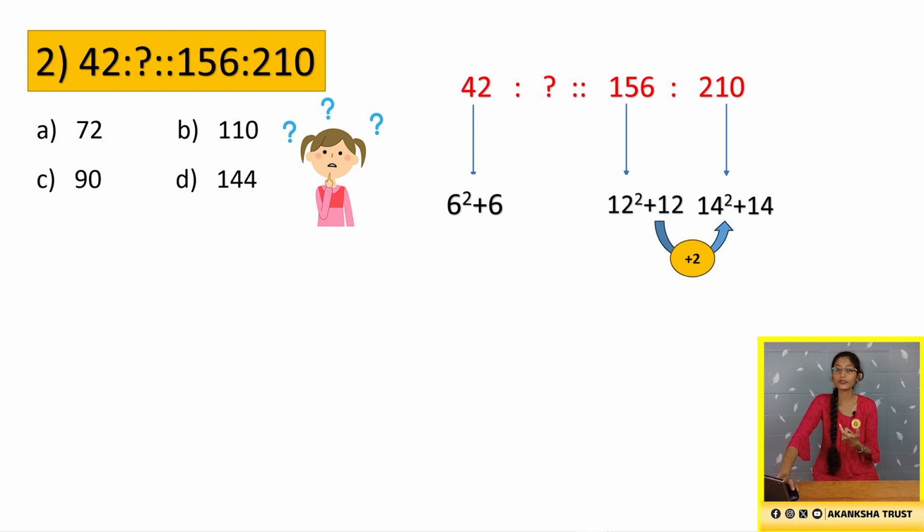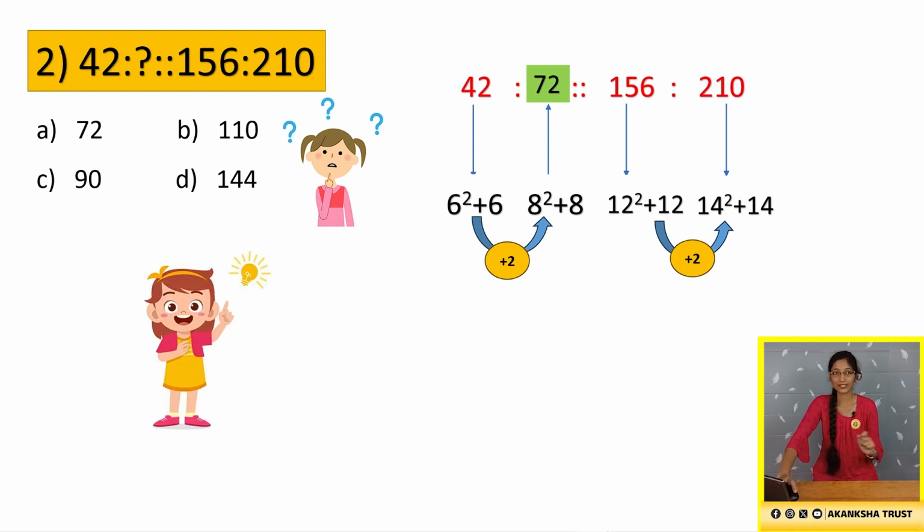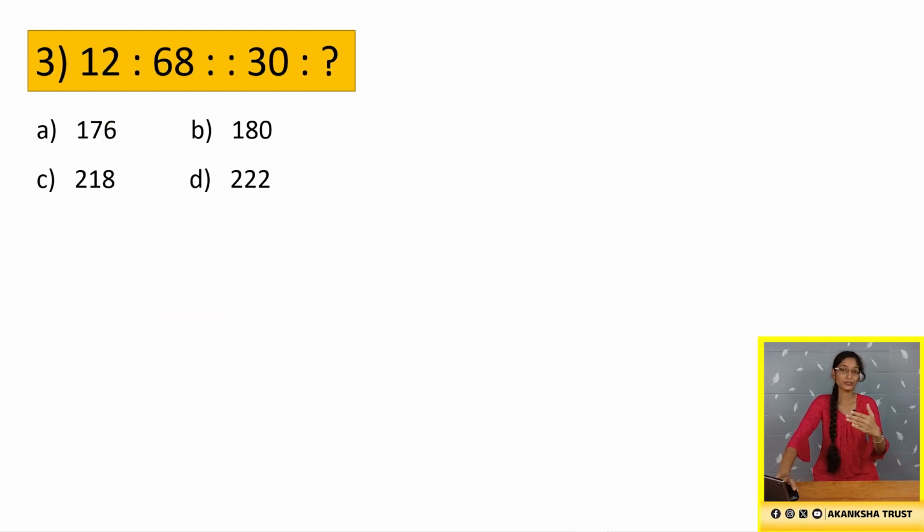Then what you have to do? 6 plus 2 is 8. See, 8 square plus the same number 8. So 8 square plus 8, 64 plus 8, you'll get 72 as the answer, which is option A, 72. You have to choose that. Okay, you got it right. Move to the next question.